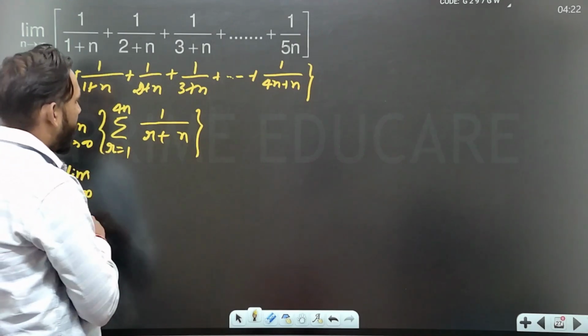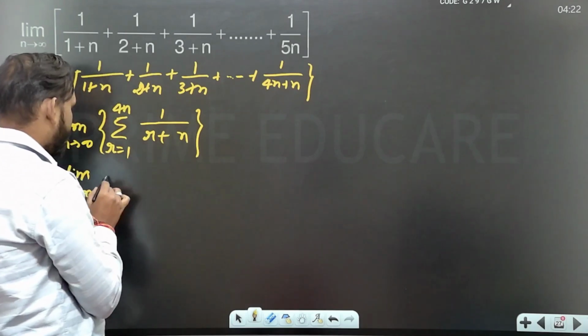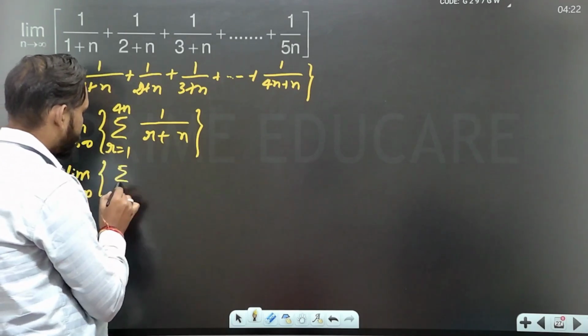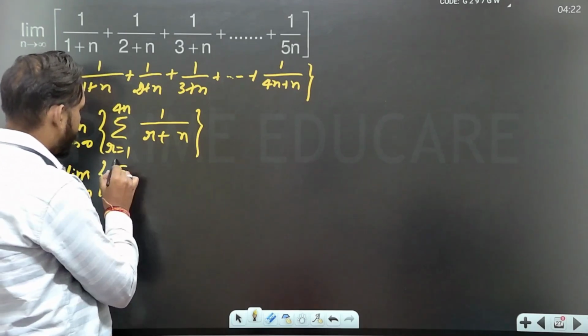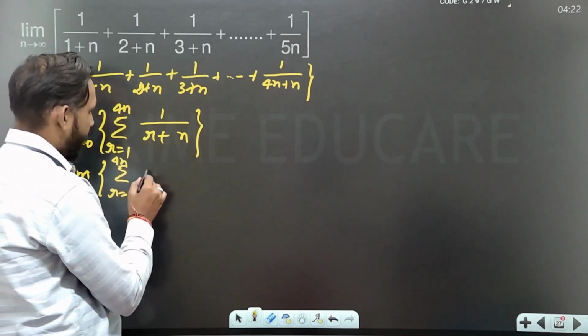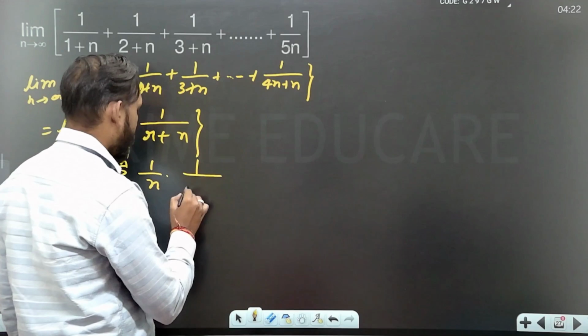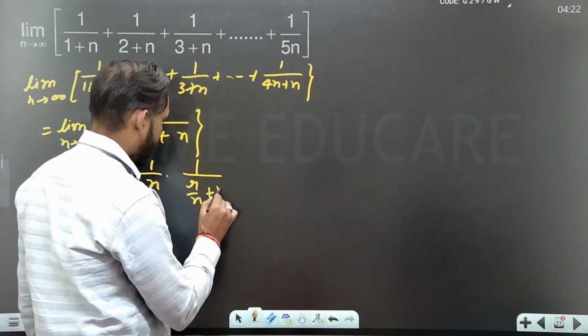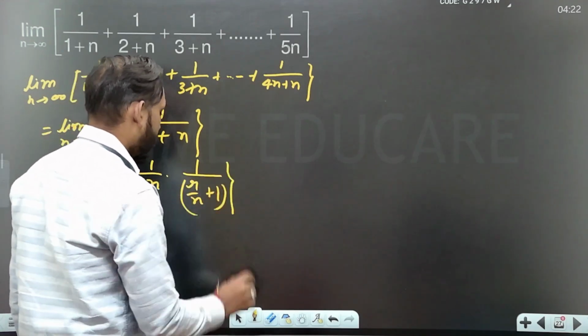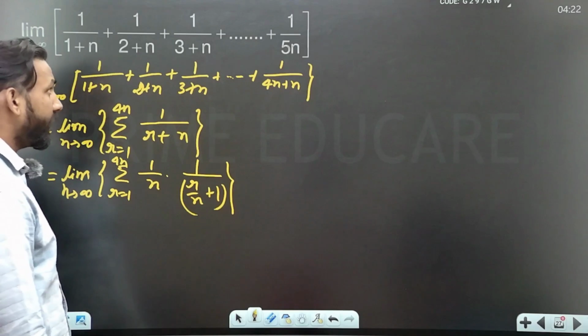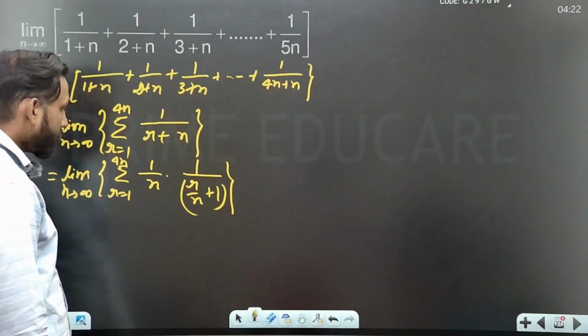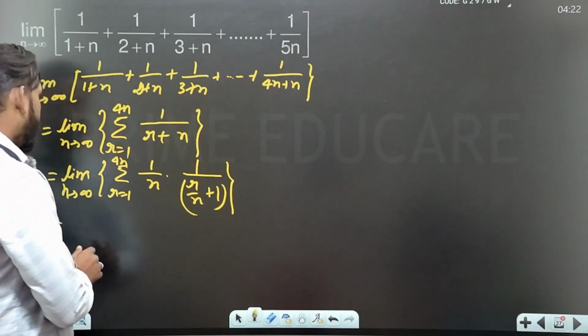We can take n common from this expression, with r equals 1 to 4n, and we have 1 over n times 1 over r over n plus 1, yes or no? Okay, it is clear.